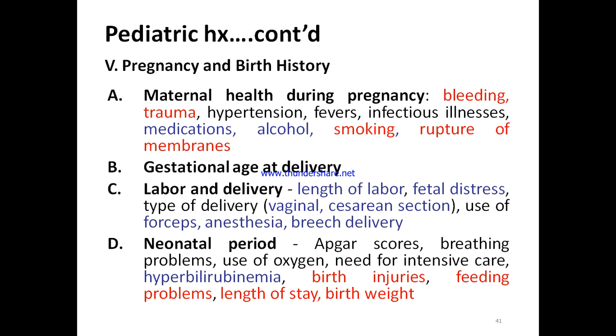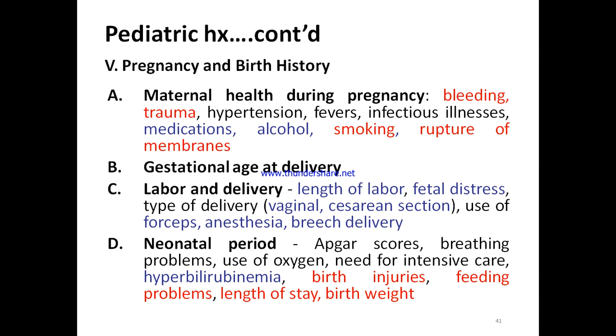Breathing problems or use of oxygen after delivery, need of intensive care because of different factors, or a child with hyperbilirubinemia, which is an excessive amount of bilirubin in the system, greater than 12.5 mg per deciliter for terms and greater than 15 mg per deciliter for preterms.